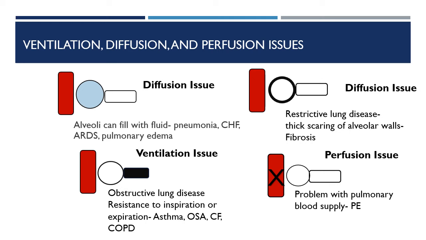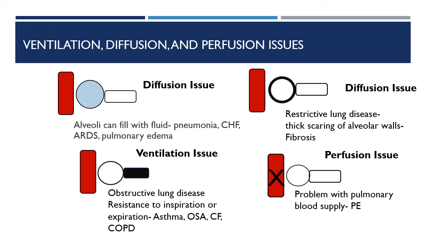COPD. So COPD, we'll talk about it in more detail, but part of COPD, which is chronic obstructive pulmonary disease, is increased secretions and damaged airways, damaged bronchial tubes. And that's called chronic bronchitis. So COPD is a combination of emphysema and chronic bronchitis.